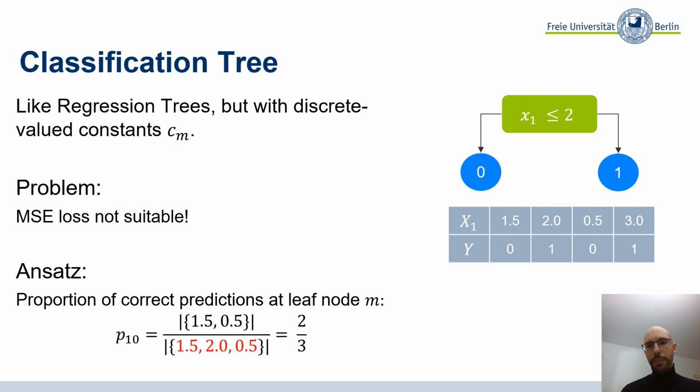As we already saw earlier, we have these points 1.5, 2.0, and 0.5, which get assigned to this left branch of the tree with labels 0, 1, and 0. Only 2 of these labels match the label 0 that we're looking at. So we end up with a proportion of correct predictions at leaf node m of 2/3.